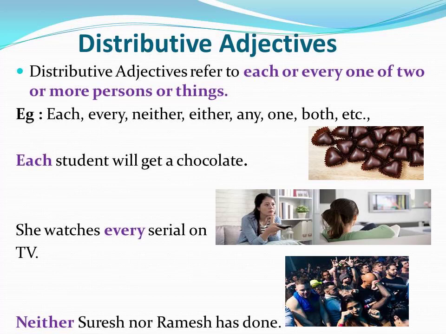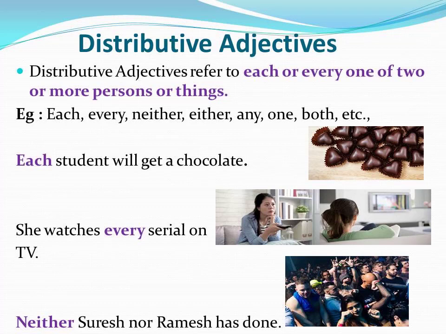That is why it's called distributive adjective. In the second sentence, she watches every serial on TV. In this sentence, every is distributive adjective because it refers to the noun serial.